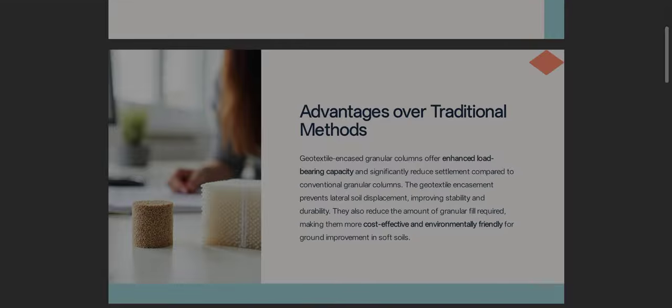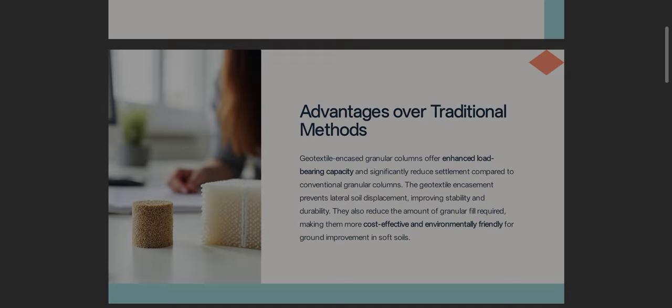The traditional stone columns rely on lateral confinement from surrounding soil, which is often insufficient in very soft deposits. GEC provide additional confinement through the encasement, enabling their effective use in soils with extremely low undrained shear strength, where conventional stone columns may fail due to excessive bulging.